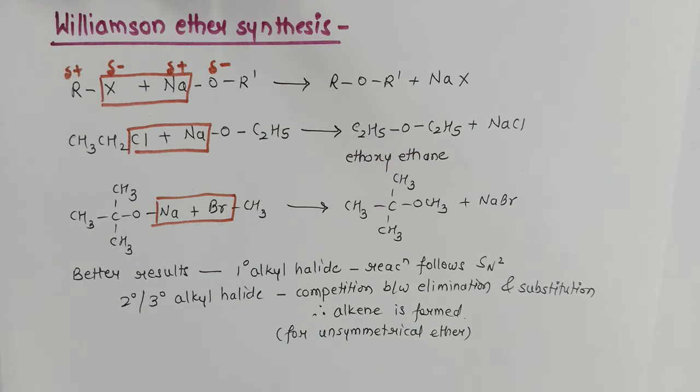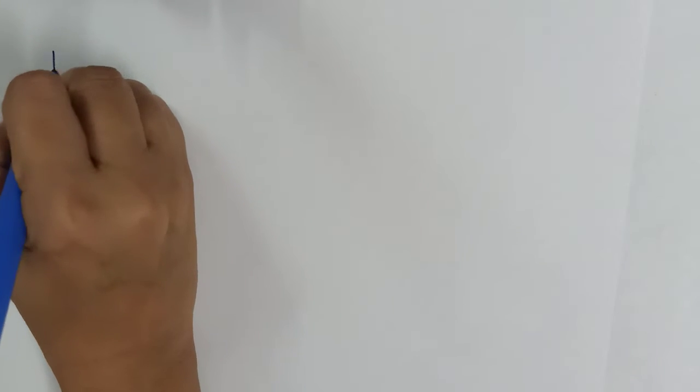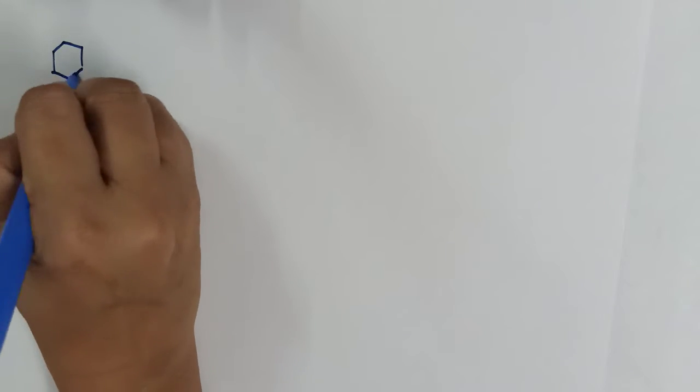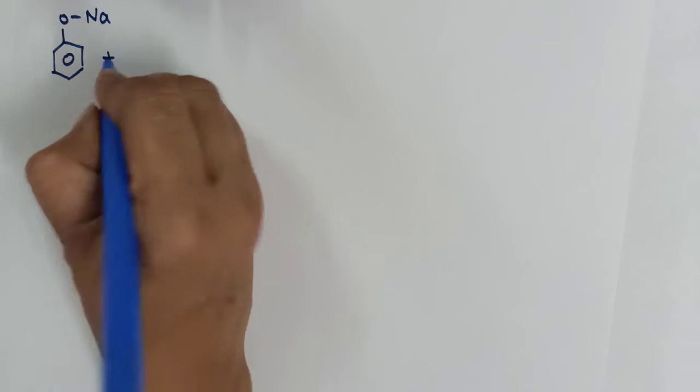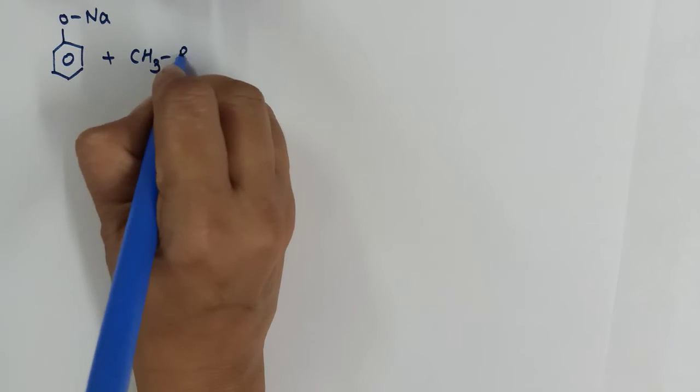Suppose I want to prepare aryl ether, then what will be the method followed? So for the preparation of aryl ethers, we take sodium phenoxide, and that we treat with alkyl halide.